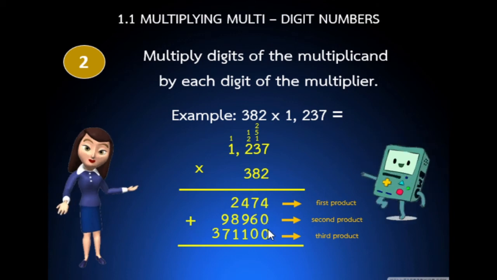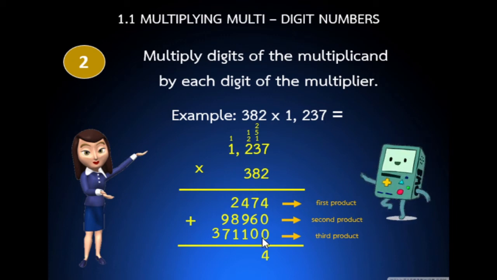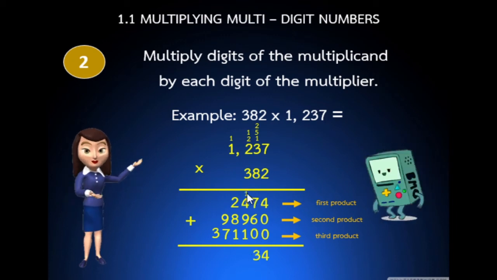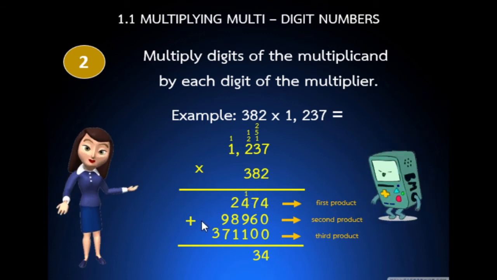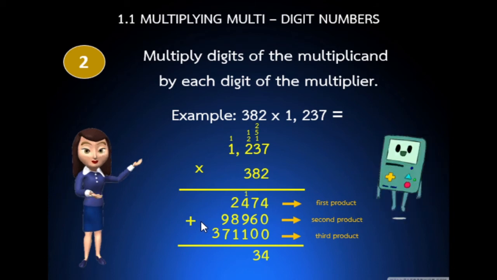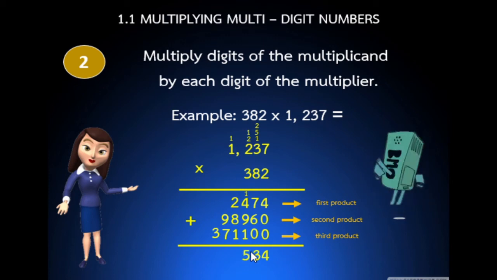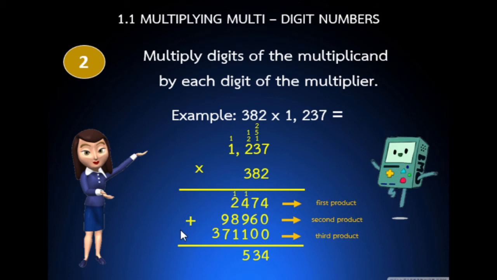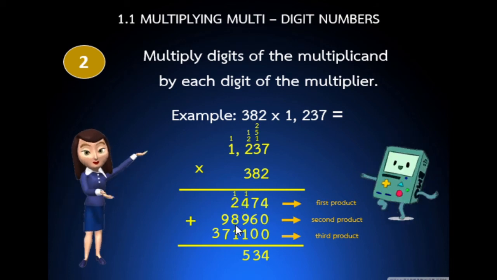4 plus 0 and 0 is 4. 7 plus 6 plus 0 is 13. Bring down 3, carry 1. 1 plus 4 equals 5. Plus 9 is 14. Plus 1 is 15. Bring down 5, carry 1. 1 plus 2, 3. Plus 8, 11. Plus 1, 12.